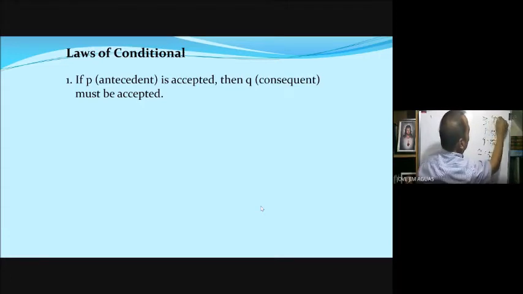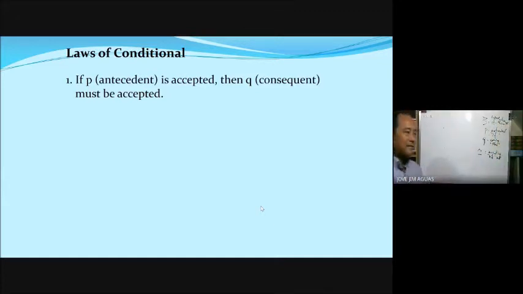That's the conditional sign. So if the antecedent is accepted, then the consequent is also accepted. Why? Because the antecedent is the condition, the cause or reason, and the consequent is the effect, or the result.